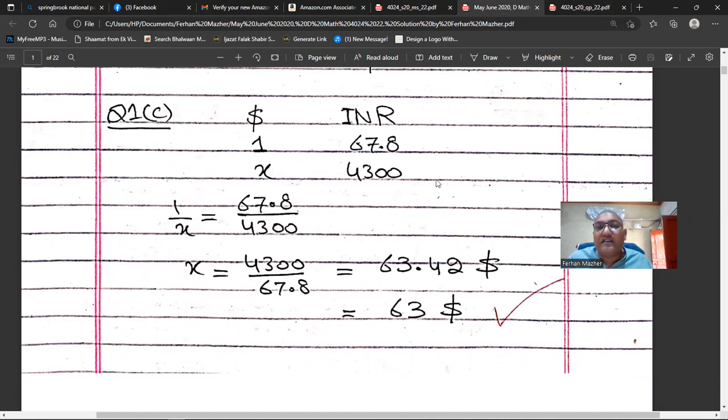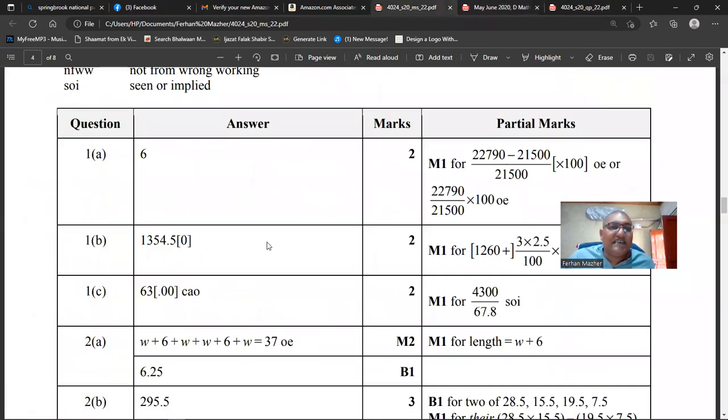So 4,300 Indian rupees. So how many dollars will you get? So this will be 1 by x equals 67.8 divided by 4,300. So cross multiply. So x will be equal to 4,300 divided by 67.8. And that will be $63.42. Because he said give your answer to the nearest dollar, it will be $63. So $63 is the answer.